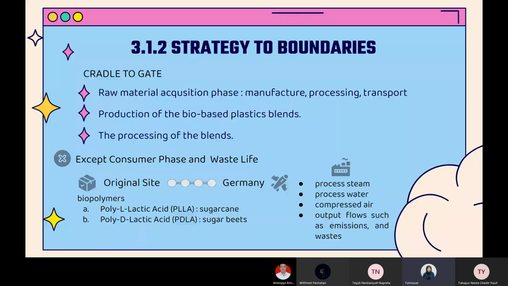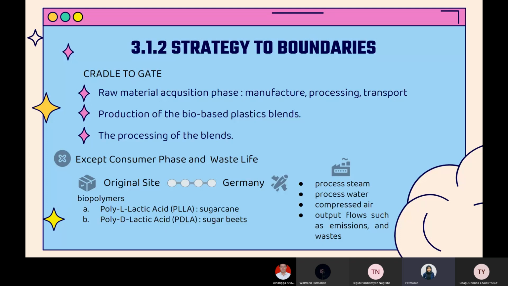For the raw material acquisition phase, the materials are polymer, additives, and other chemicals, which will go through first manufacture, then processing, and then the last one is transport. All of this is brought from each original site to Germany for making blends with the main compound of biopolymers: polylactic acid or PLLA from sugarcane and poly-D-lactic acid or PDLA from sugar beets.